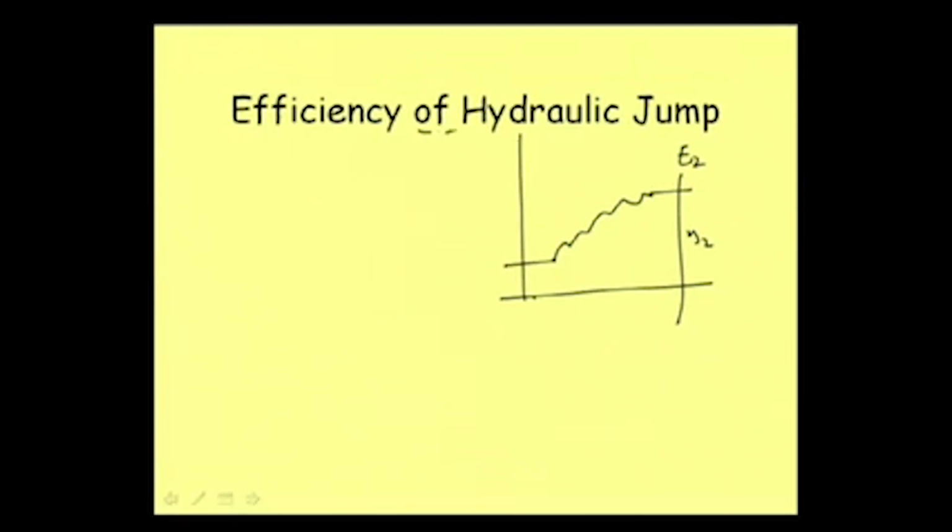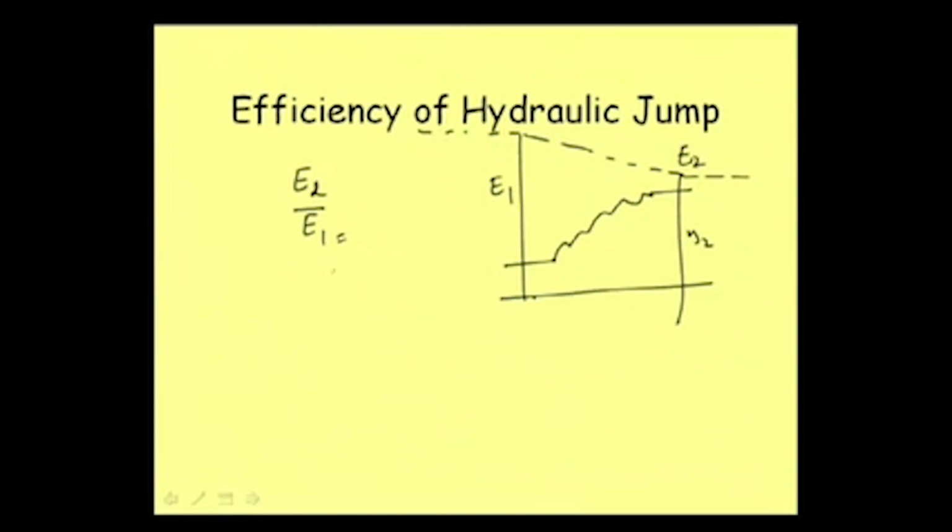Say if I draw the energy gradient line, then it goes like this. So, this E2 is the energy here and E1 is the energy here. Then the ratio E2 by E1 is basically called the efficiency of the hydraulic jump.